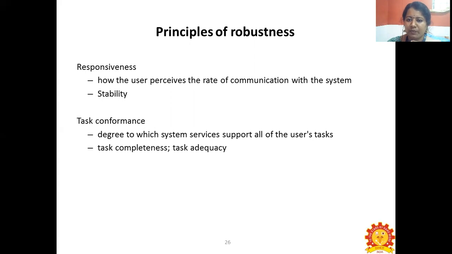So here we'll be identifying how the user perceives the rate of communication with the system. Next, we'll be identifying the stability. The task conformance means here we'll be identifying the degree to which the system services support all of the user tasks, and we will be having the task completeness and the task adequacy.